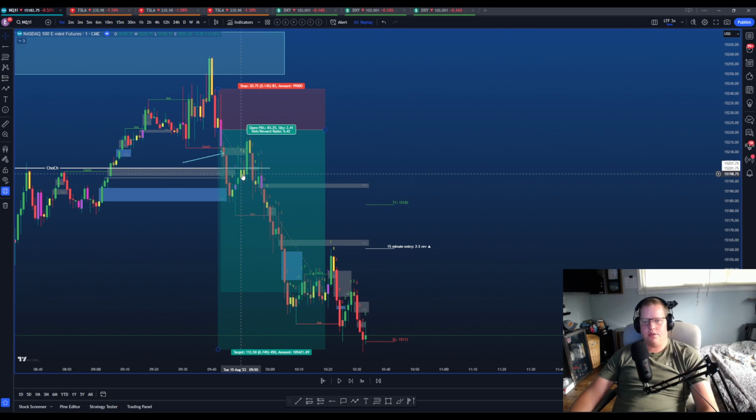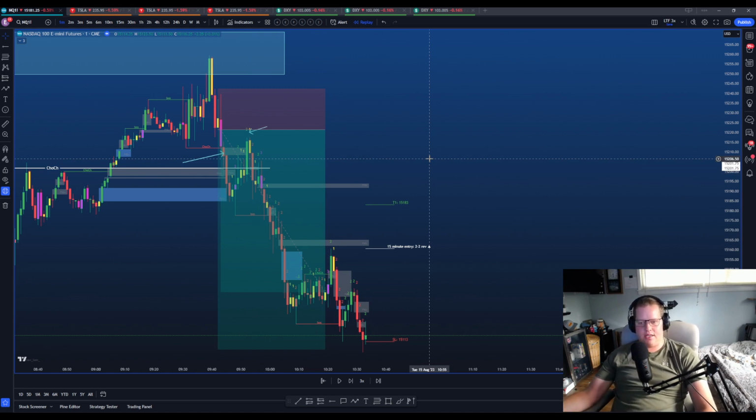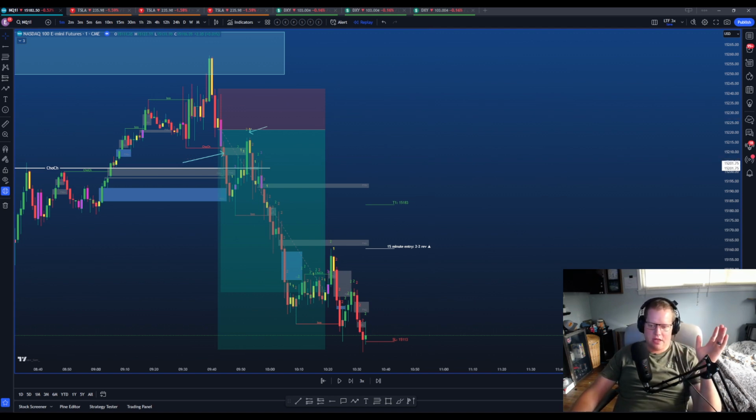And because I'm entering with a partial size and adding in as I go, my losers are going to be smaller. There's many times in the past couple weeks, well, actually this month so far, other than this week, has been really good. But in July, there were a ton of times where I hit stop loss, but I was only in with a half or a quarter of my position.